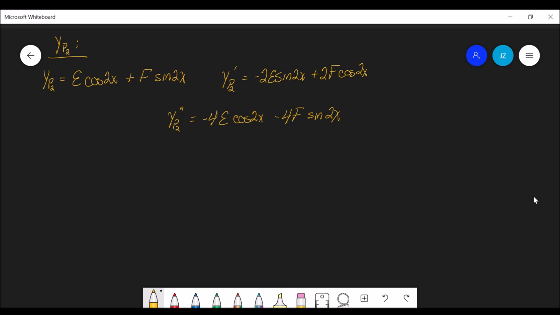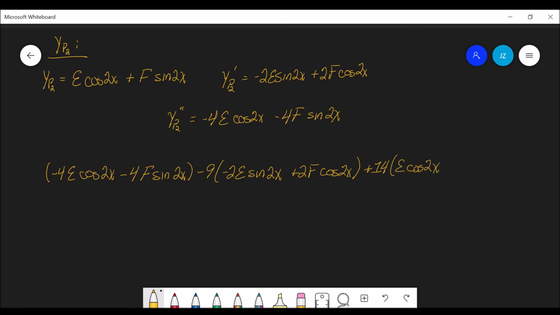So we wind up with negative 4e cosine of 2x minus 4f sine of 2x minus 9 times negative 2e sine of 2x plus 2f cosine of 2x plus 14 times e cosine of 2x plus f sine of 2x.